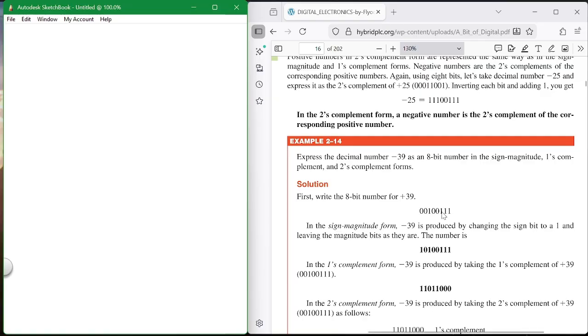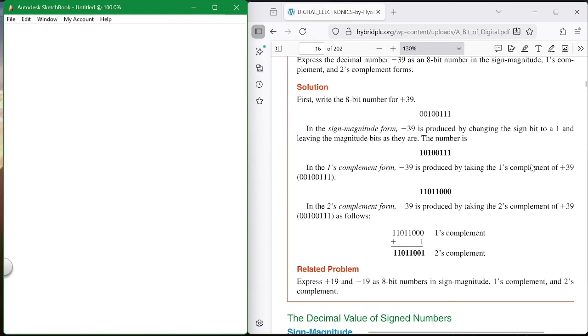Now, no, this is, I'm sorry, the 8-bit number. Now this is not it, okay? So, 8-bit number and assignment, that is not it.